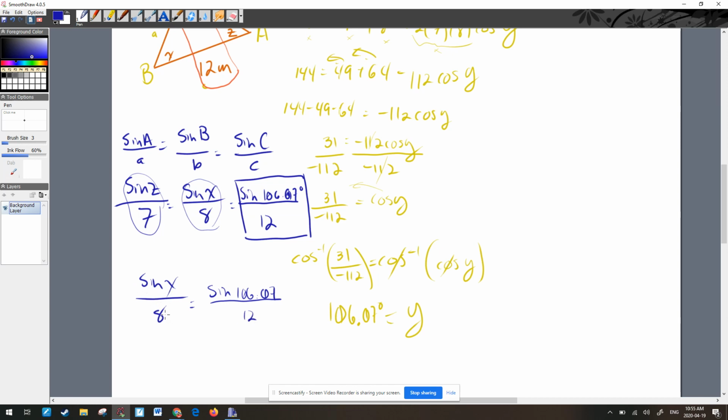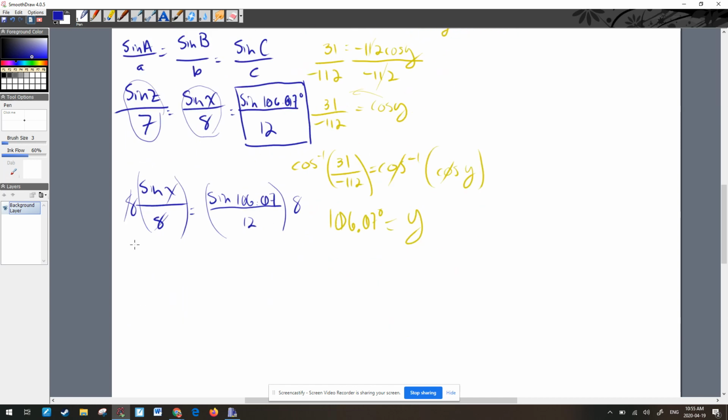Okay, so I'm going to go ahead and solve. Sine x is being divided by 8. Opposite operation is, of course, multiplication by 8. Multiply by 8. Multiply by 8. Those guys are going to go away. And so then we're going to have that the sine of x is equal to the sine of 106.07 over 12 times 8. Okay.